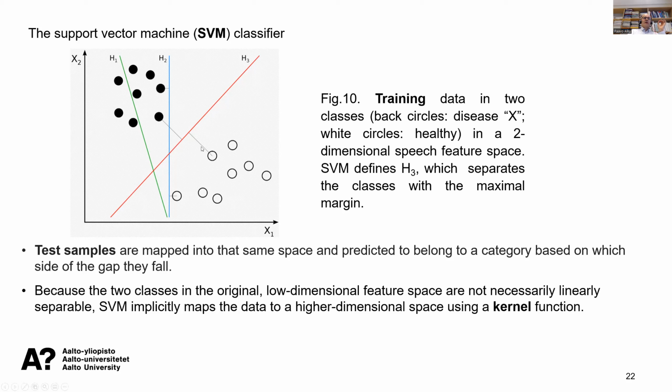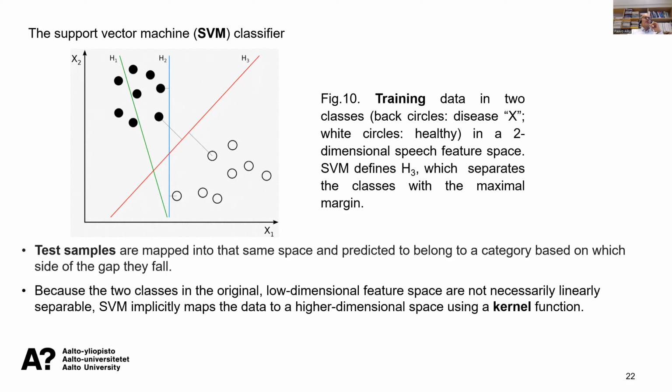And then we have 8 speech samples which have been produced by healthy talkers. And we express all these speech utterances in a very low dimensional space, which is spanned by 2 acoustical features, so x1, x2. To put it simple, x1 could be, for instance, f0, and x2 could be f1, first formant, whatever. So these are just 2 acoustical parameters, a very simple 2-dimensional space.